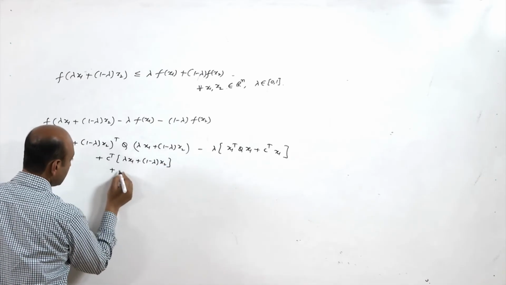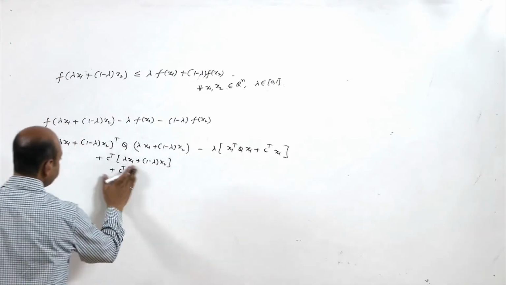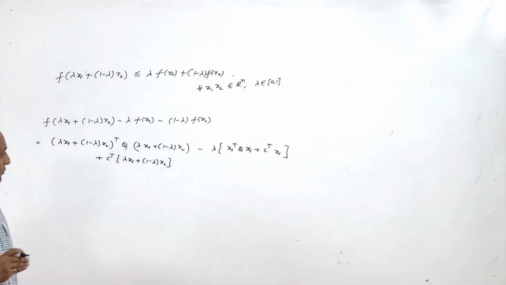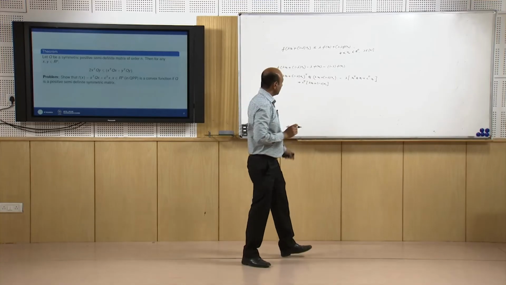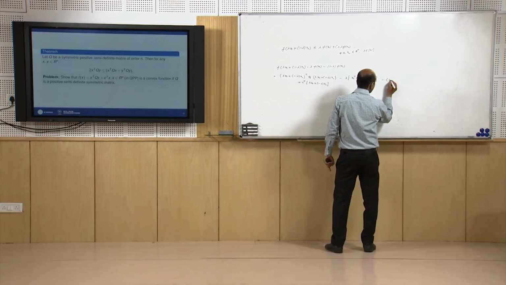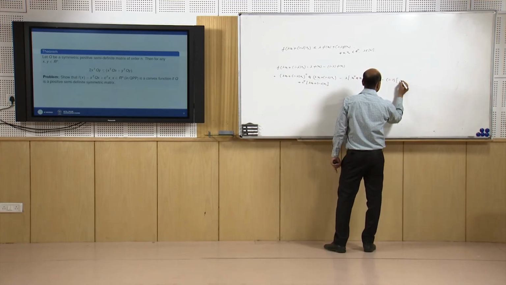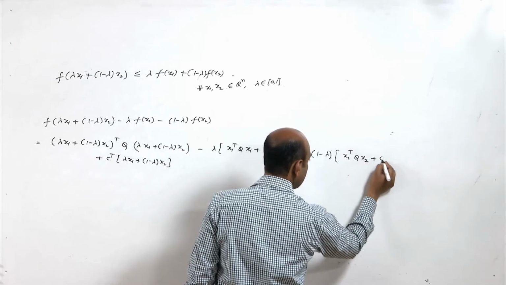And plus c transpose, okay. This is f of lambda x1 plus 1 minus lambda x2 minus f of x1, this term, and minus 1 minus lambda times x2 transpose Q x2 plus c transpose x2.